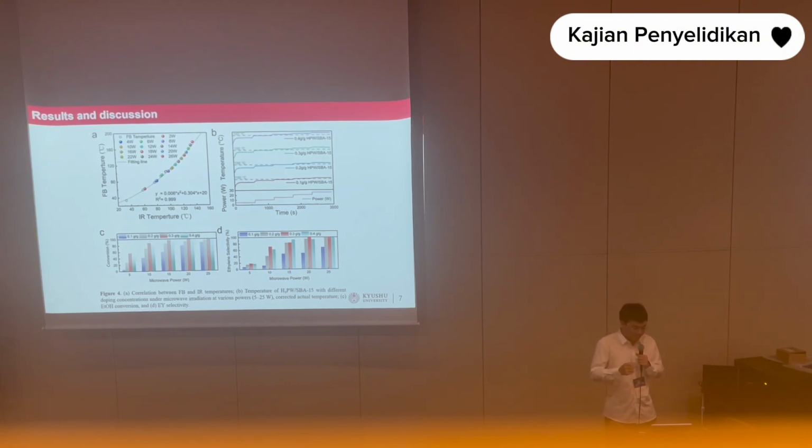As you can see, 0.3 gram per gram shows the best results, from 50 watt to 20 watt, better than 0.4 gram per gram. We think that over-doping may fill the channels, and at high temperature the HPW will be destroyed and lose its chemical properties. It's not good for the reaction.